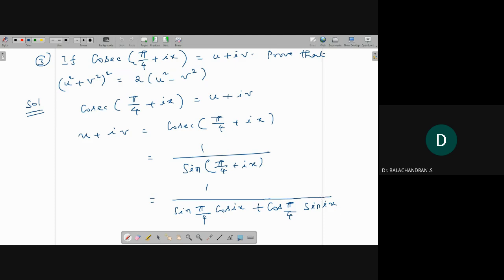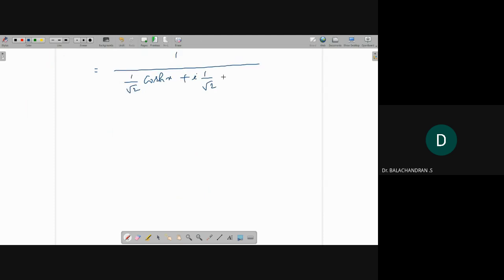Sin ix is i sinh x. So this root 2 is going to the numerator now. So root 2 divided by cosh x plus i into sinh x.